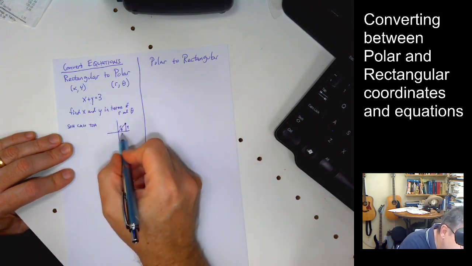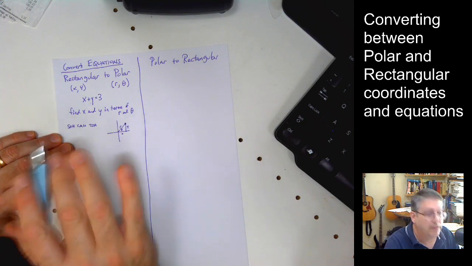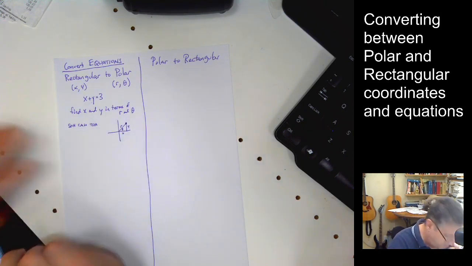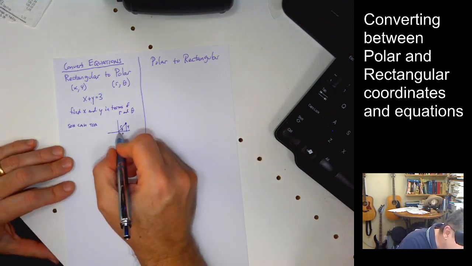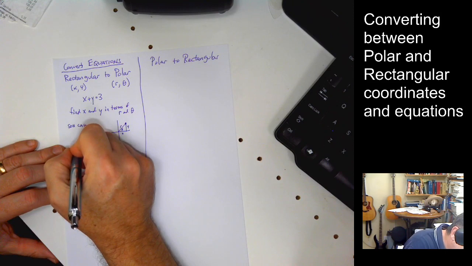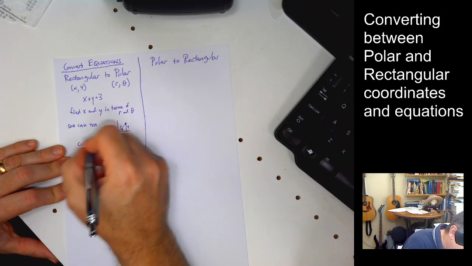And then, if we're going to relate x to theta and r, how do we relate x to the angle and the hypotenuse? Well, x is the adjacent leg, right? So we're going to use cosine. So we're going to note that cosine of theta equals the adjacent over the hypotenuse, right?